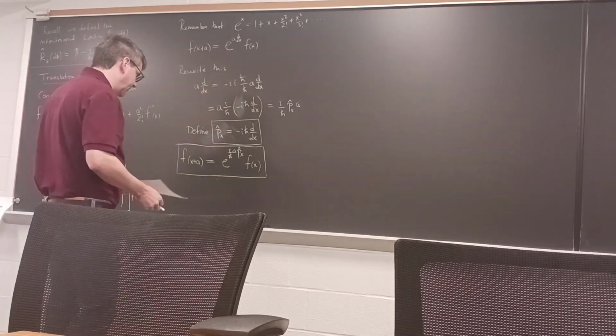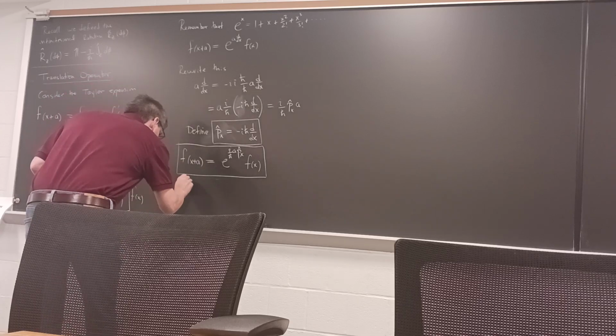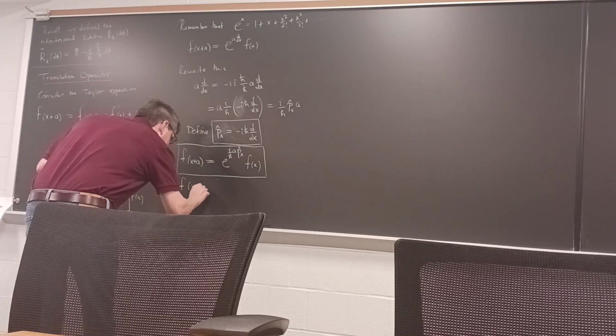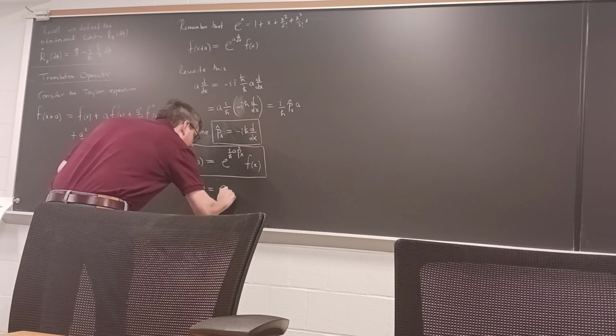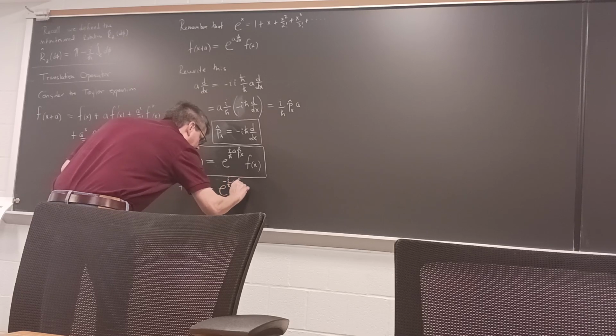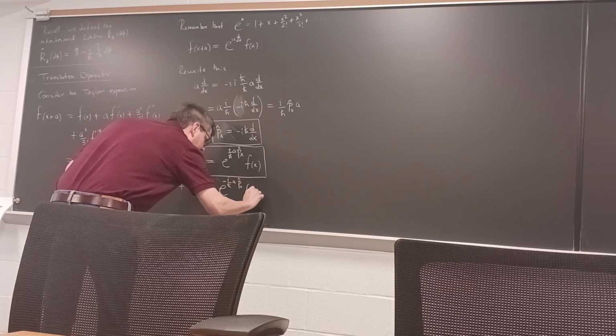Okay, and then I can write f of x minus a is equal to e to the minus i over h bar a p hat x operating on f of x.